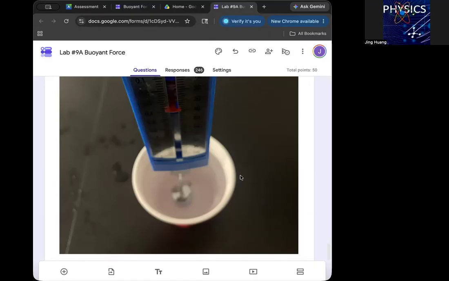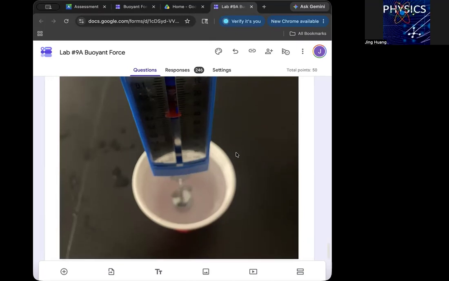One is put in air, the other is put in water. The difference is when it's put in water, water has a buoyant force pushing it up. So the difference will show us the buoyant force, and therefore we can figure out the density of the object. This is also a way of measuring different densities, which is the material constant of that object.